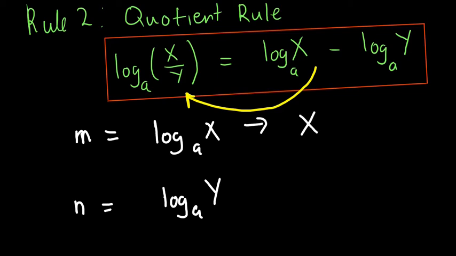Then we make x a formula which becomes an exponential equation, and we also do the same for y. And y moves to the left side of the equation, it becomes a base, and n becomes a power. We have a to the n.